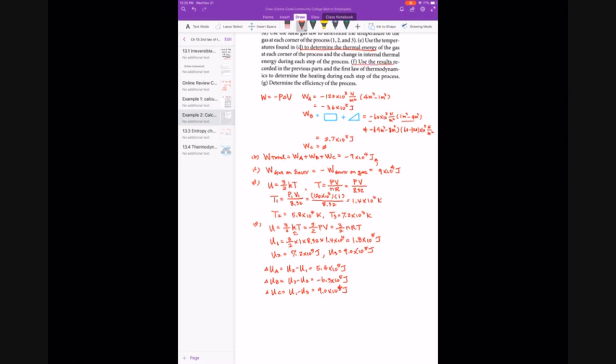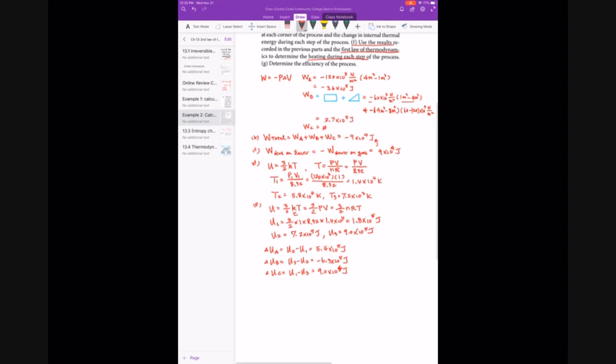Now, point F, we wanted to find out, use the first law of thermodynamics to determine the heat during each one of the steps. What is heat? And what is the first law of thermodynamics?